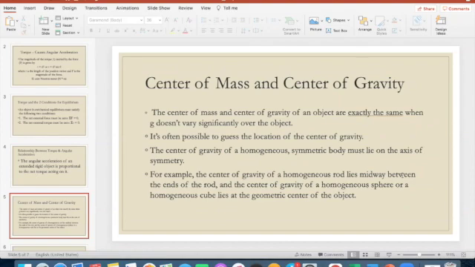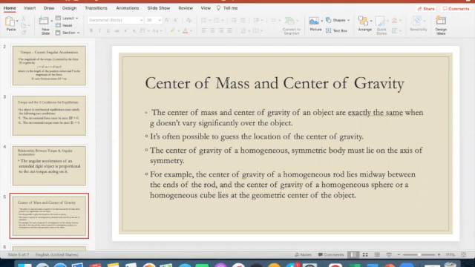Here we're discussing the center of mass and the center of gravity. All this means is right down the middle, down the axis of symmetry. Your center of mass would go from the top middle of your head down in between your eyes, the middle of your lips, nose, all the way down your axis of symmetry.